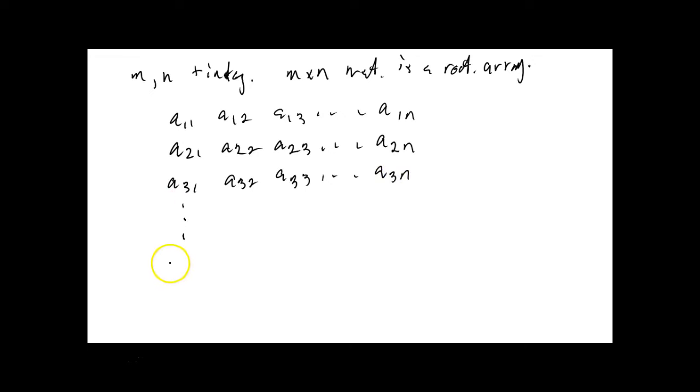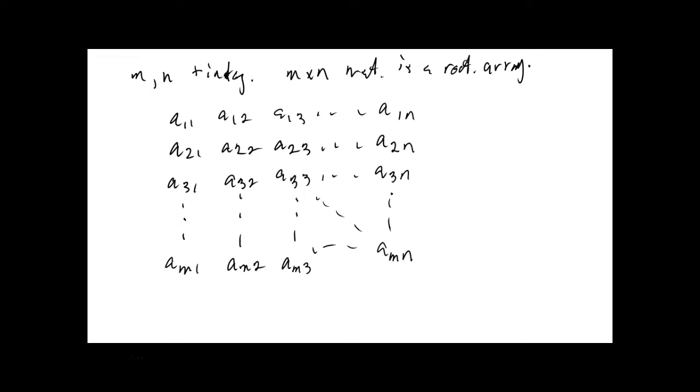What would come at the bottom? AM1, AM2, AM3, AMN. A rectangular array of numbers with M rows, N columns.